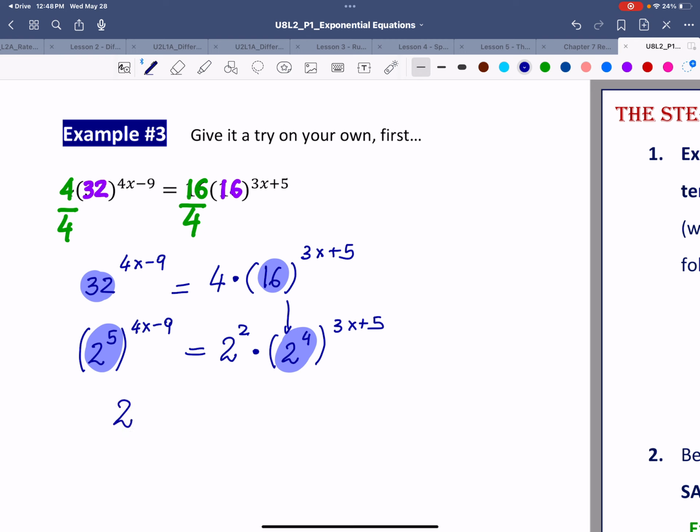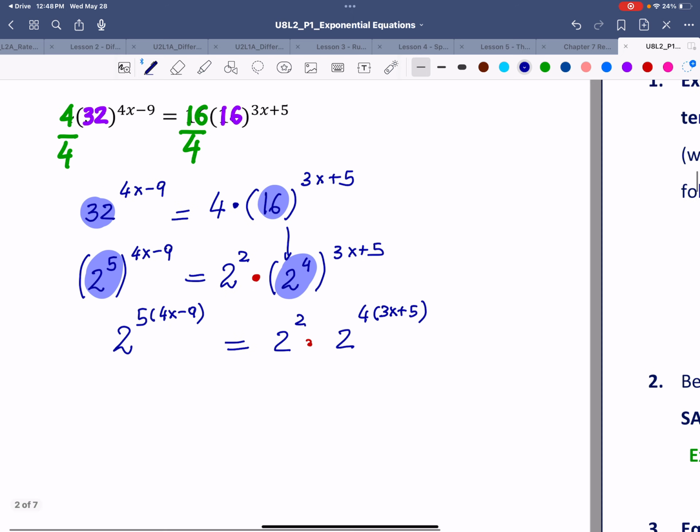So we have 2 to the power of 5 times 4x minus 9 is equal to, now here we have a couple of laws that we want to apply. So we have 2 to the power of 2 multiplied by 2 to the power of 4 times 3x plus 5. So the left side will remain the same.